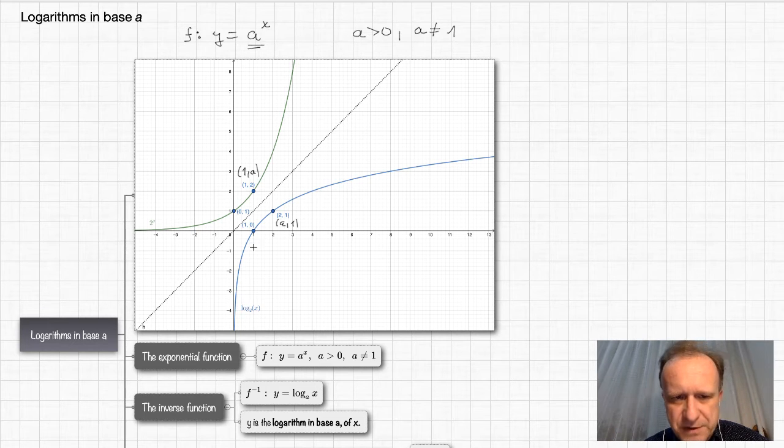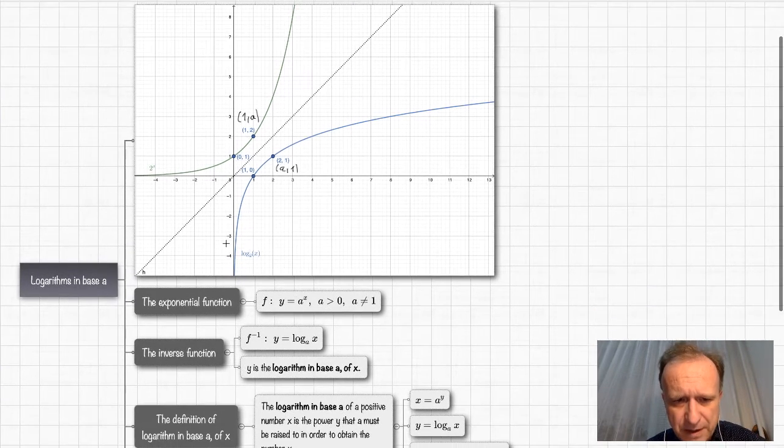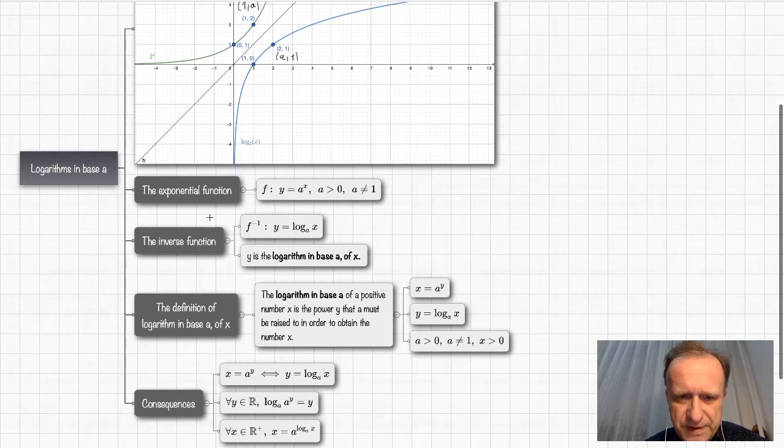The inverse has the domain represented by only the positive real numbers, and the range of the inverse is the whole set of real numbers. Okay, now let us continue with these formulae here. So the inverse function f inverse is written as y equals logarithm in base a of x.